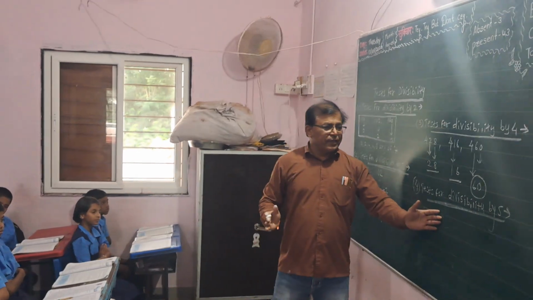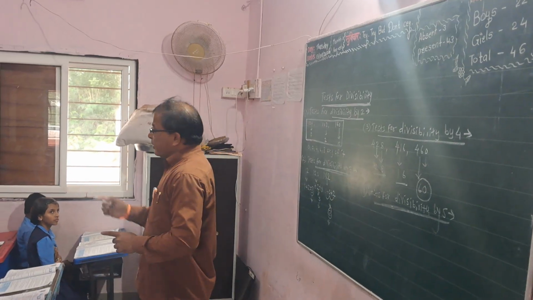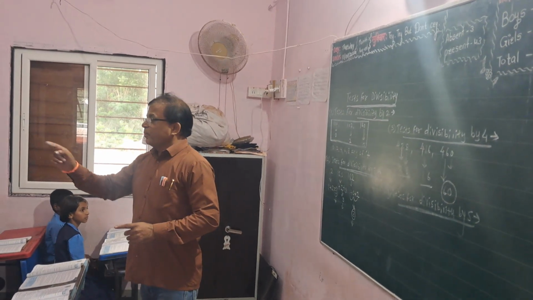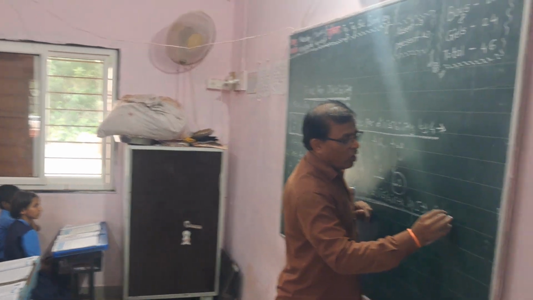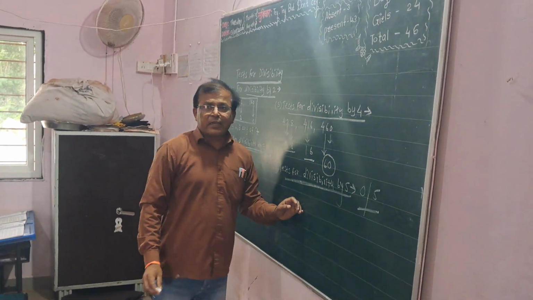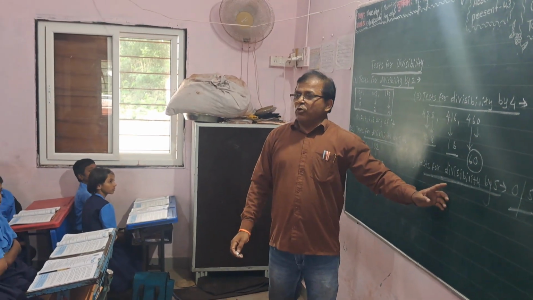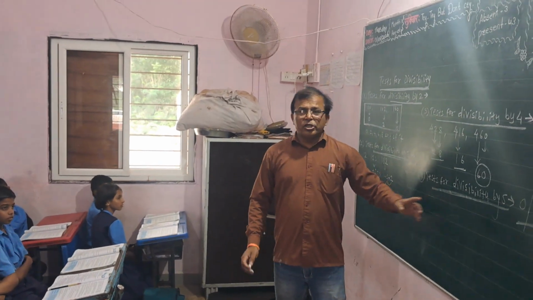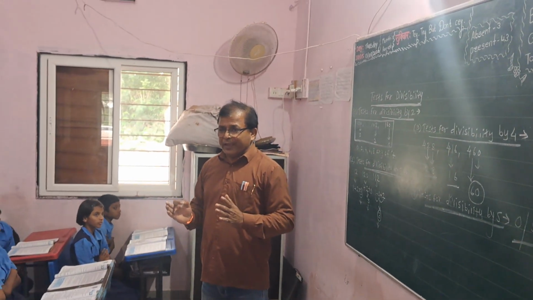In this test, there is need of only the unit place digit, 0 or 5. Then this number is completely divisible by 5. The number whose unit place digit is 0 or 5 is completely divisible by 5.